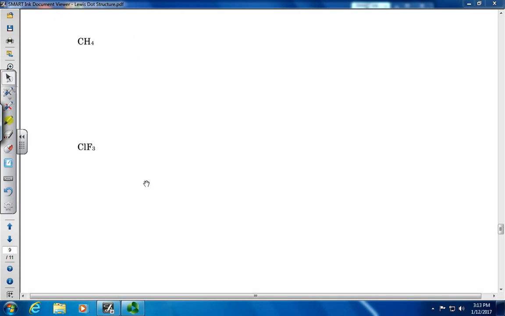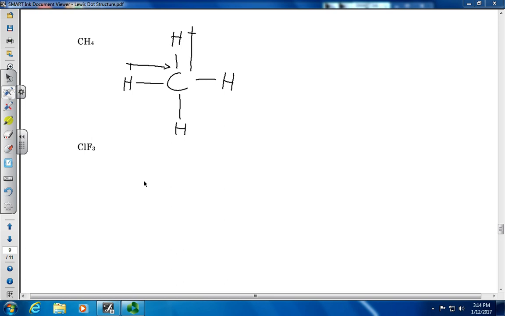We have methane. And again, we're going to take a look at this. Carbon is more electronegative than any of the hydrogens that are attached to it. So what's going to happen is each of these dipoles are facing toward the carbon.